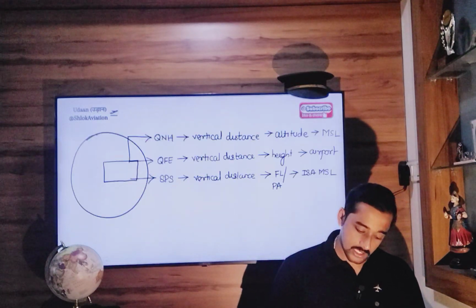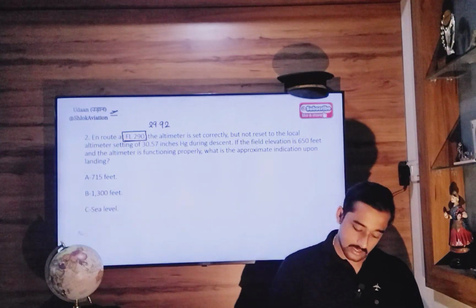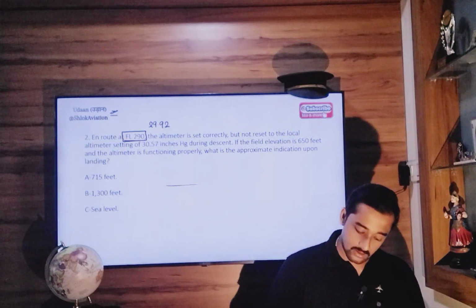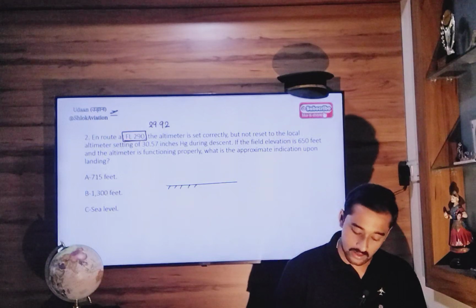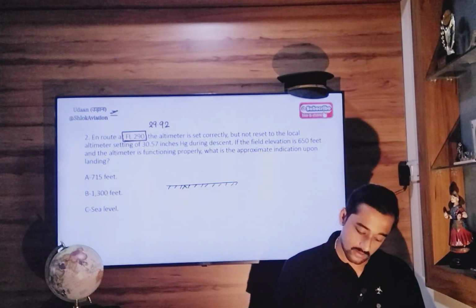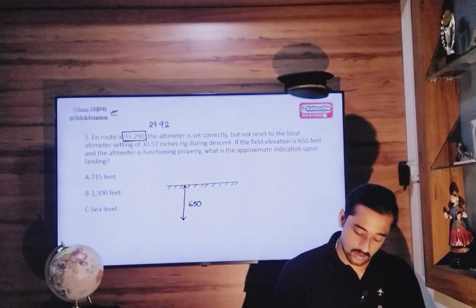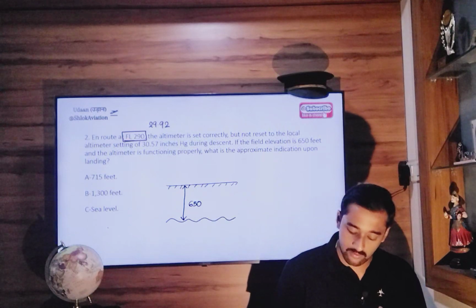Now coming back to this, there is an airport whose elevation is 650 feet from mean sea level.